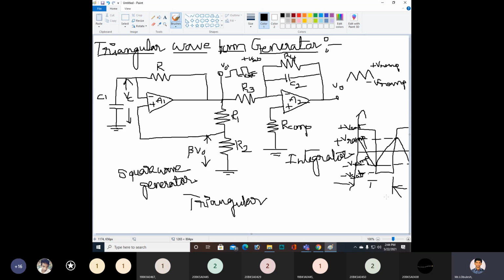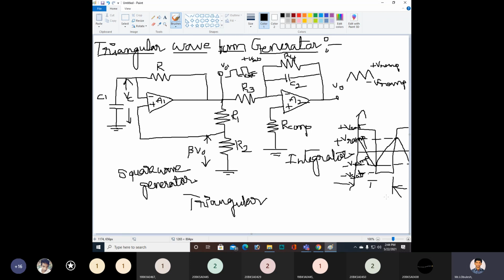While the amplitude of the triangular wave will decrease as frequency increases.